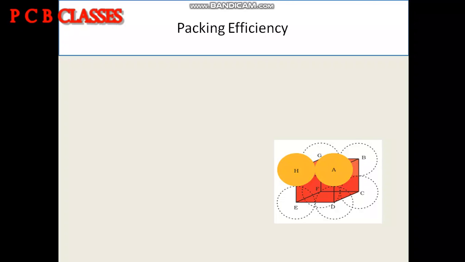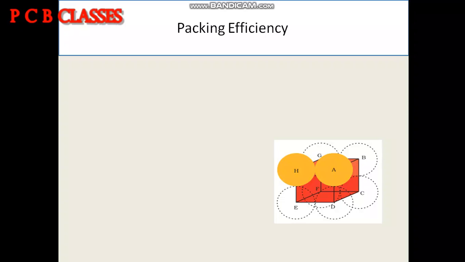So in the same case, just recall from the previous videos, if we have taken three dimension or two dimension packing, in case of square close packing we have more number of voids, while in case of hexagonal close packing we have fewer voids. But if we talk about the general case, if there is more void, then obviously we have provided more space, and this is less efficient or less dense packing.